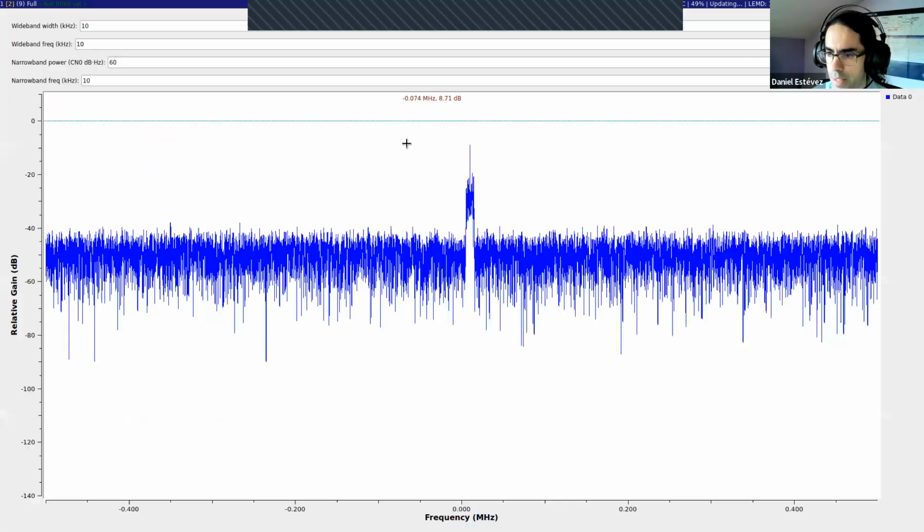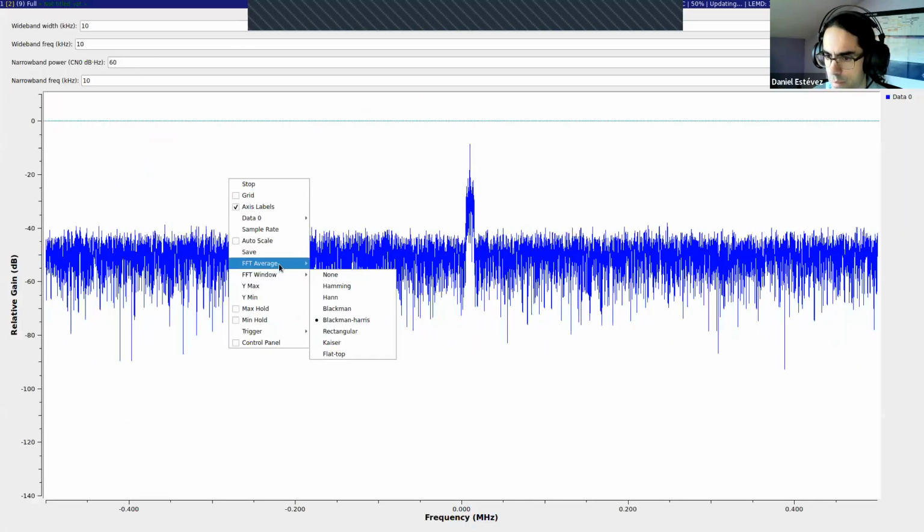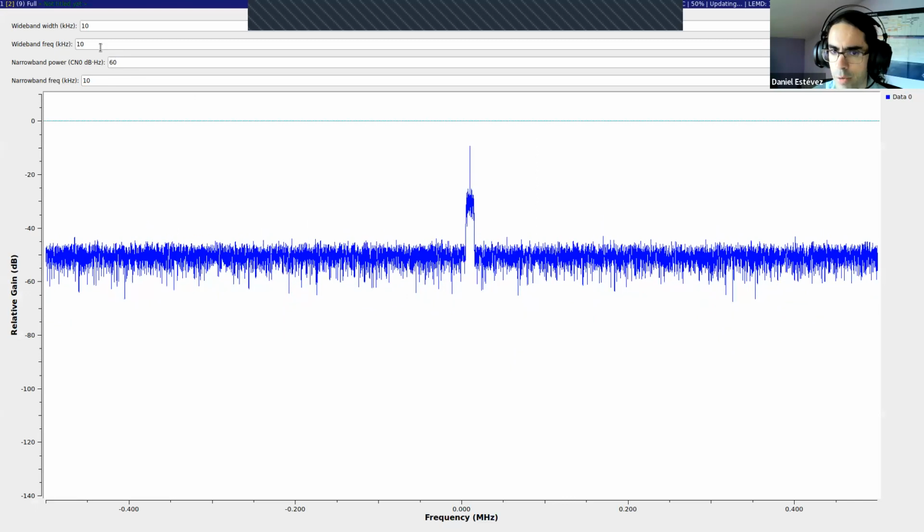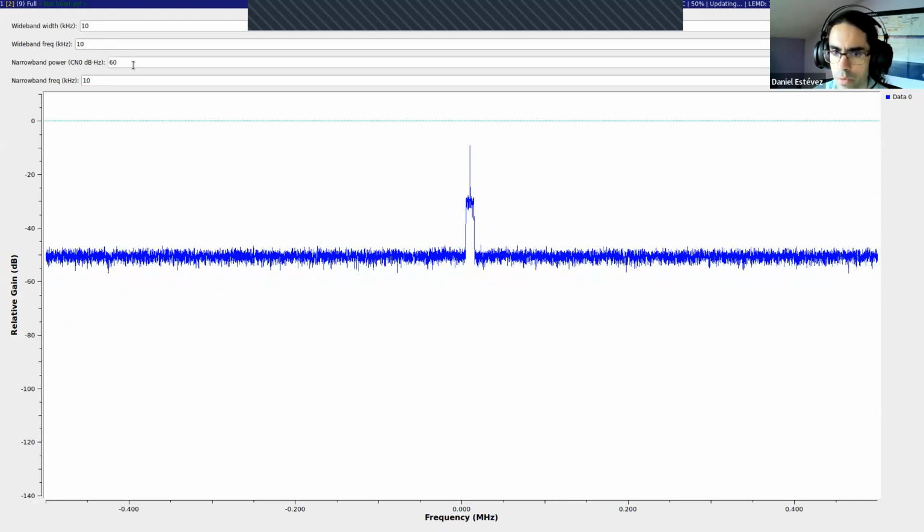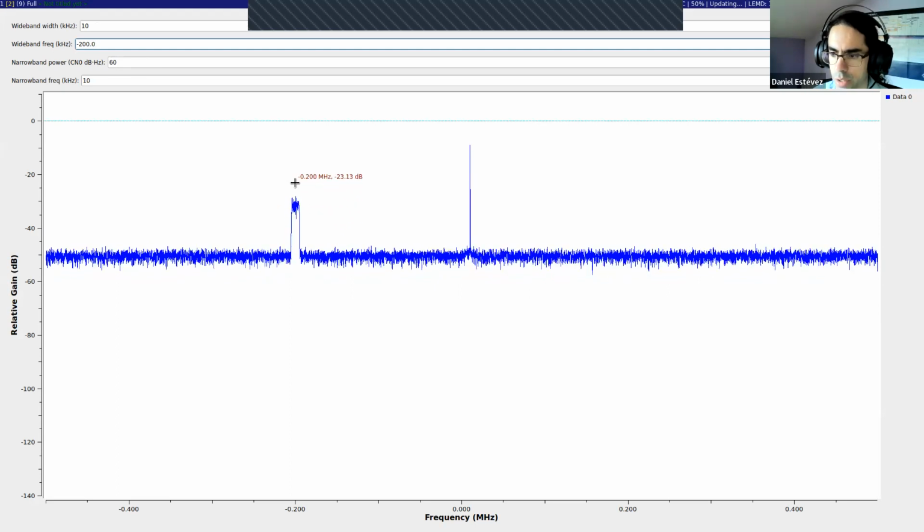And with this, quite easily, I have already something that lets me move the noise. Yeah, by default, this was set to 10 kilohertz, so maybe minus 200. And now it goes to minus 200 kilohertz. And this already shows how you can simulate a fairly complicated spectrum by adding different narrowband and wideband signals, placing them wherever you need.